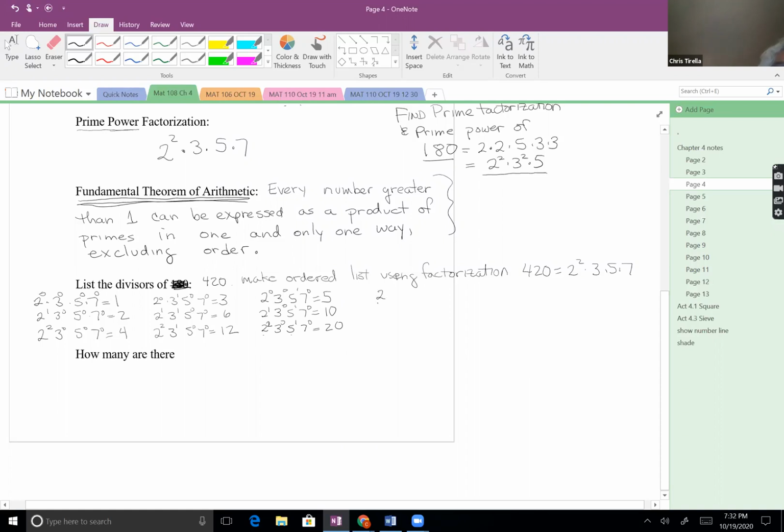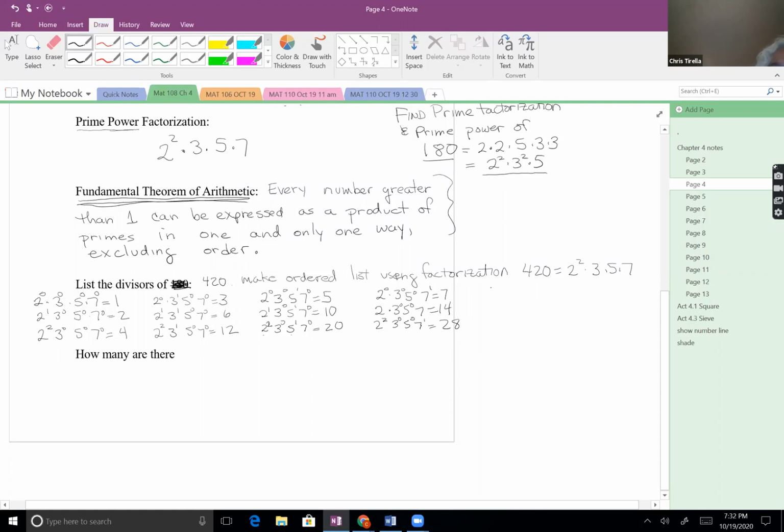Then we could do the same with everything to the 0 power except 7. Then I could take the 2 times the 7 to get 14. Then I could take the 2 to the second or the 4 times the 7 to get 28.